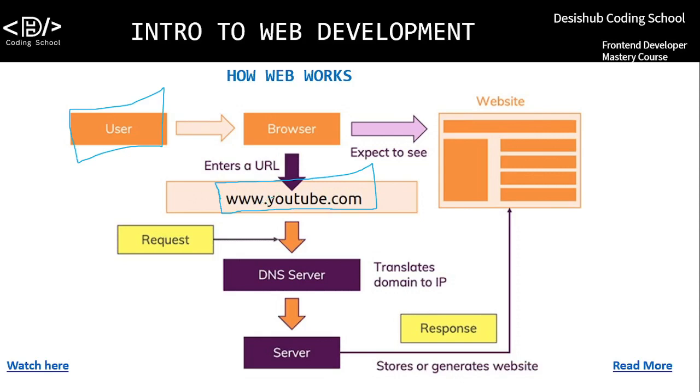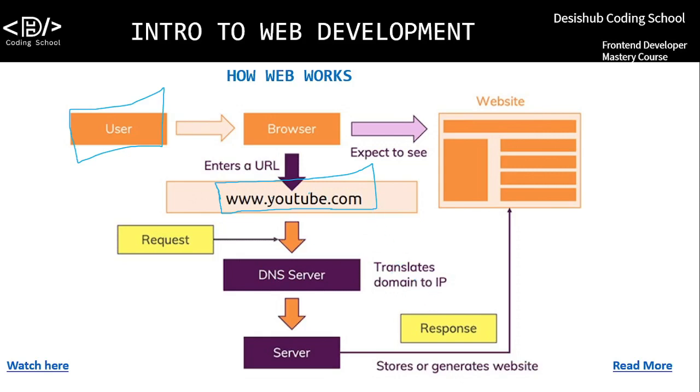So he enters this domain name or this URL, and when he enters this URL they send it to a server. A browser initiates a request and sends it to a DNS server, and DNS is domain name server. The purpose of this DNS server is it has a list of all registered domains plus their IP addresses.